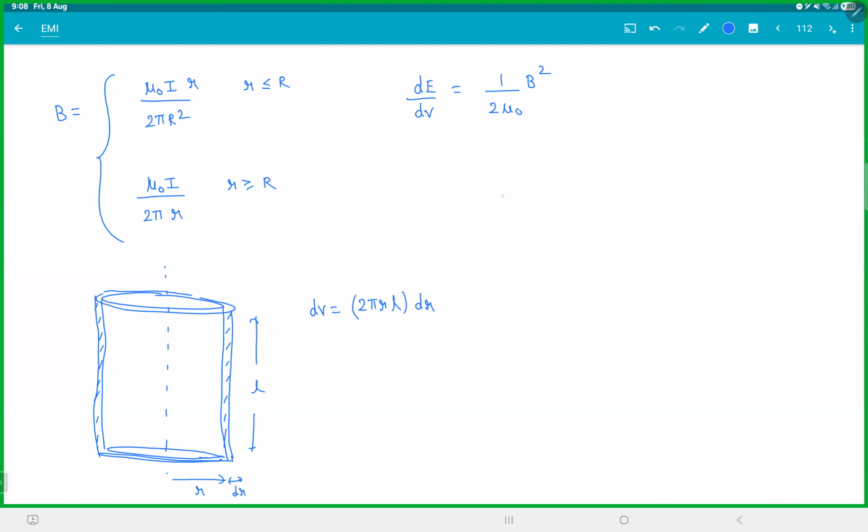Great. So you want energy from 0 to R. The formula is integral of 1 by 2 mu naught B square, which will be mu naught I small r by 2 pi R square, whole square, into volume 2 pi r L dr. This will go from 0 to R. Now energy from R to 2R: B changes.